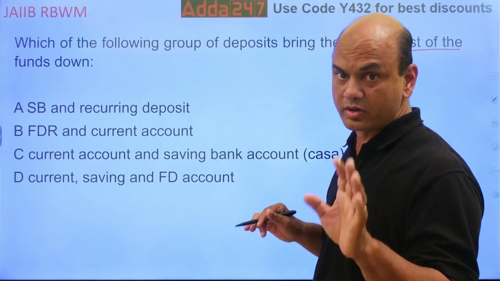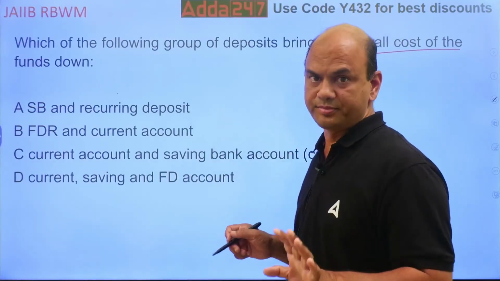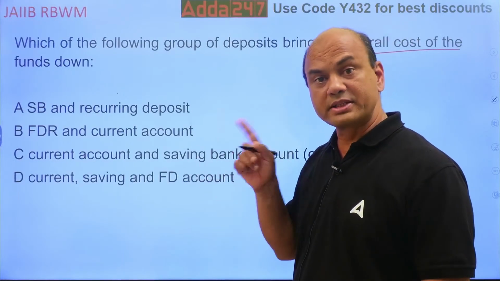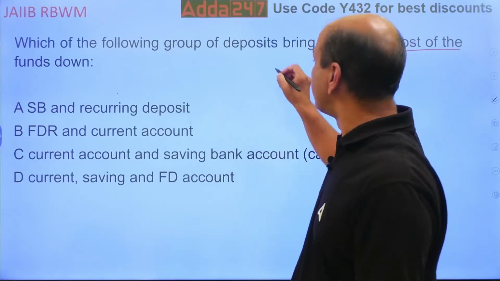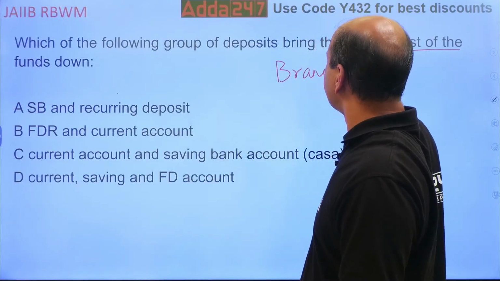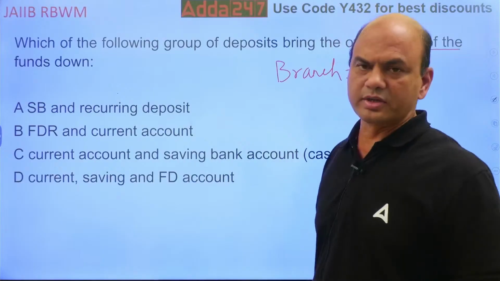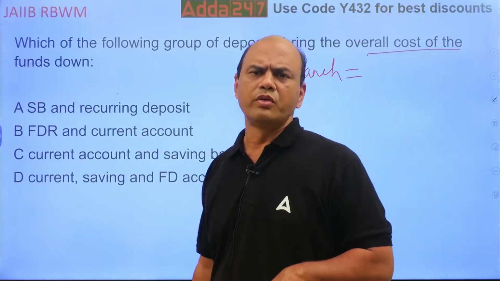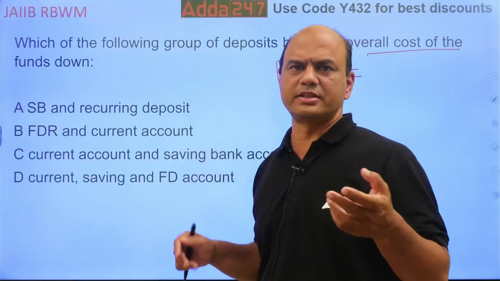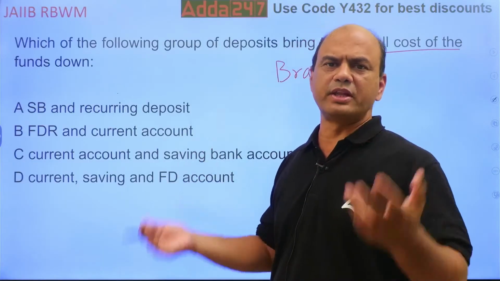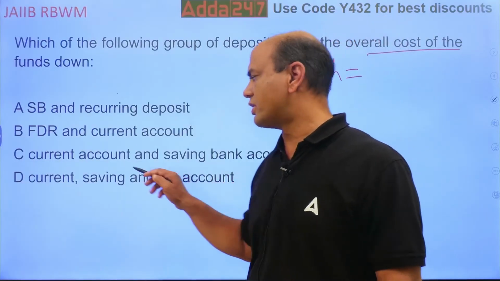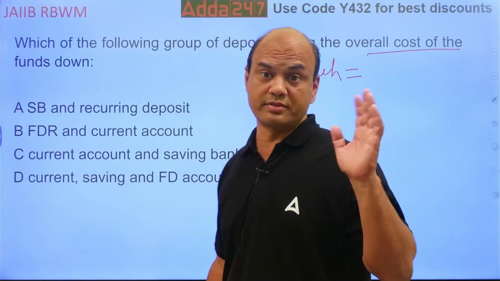Here we are talking from the branch's angle. We are not talking from the customer's angle. So for the branch, which deposit is the best? Which are the best deposits? Okay, we'll go serially. If I want as a bank, which deposit will I want the best? Should I require FD or saving or current?